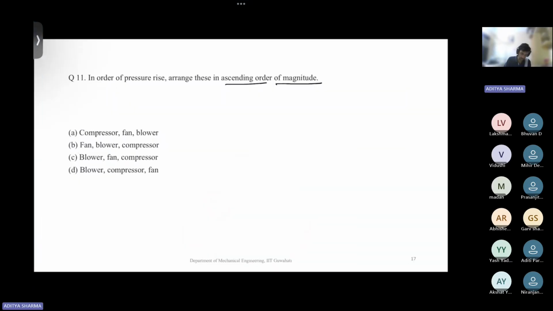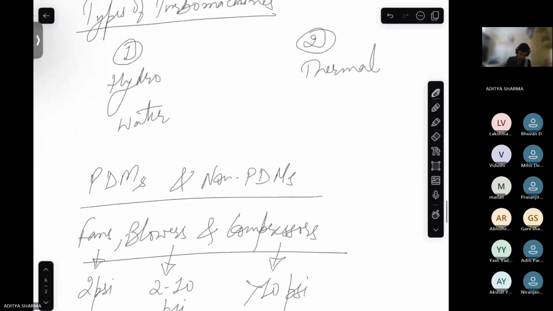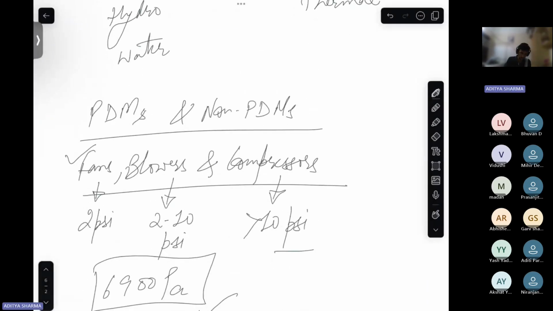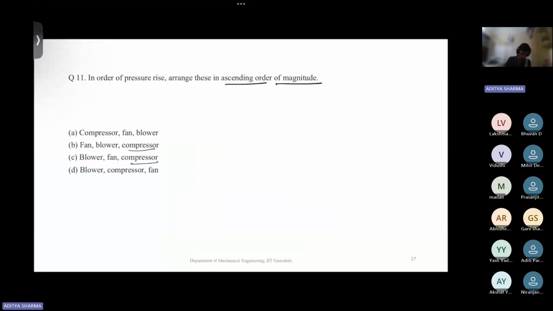So the compressor is the higher one, that we for sure know. Then between fan and blower, let's see. So fan is lower than blower in terms of pressure rise. So fan, blower, and then compressor. I believe B is the correct option. Yes, so B is the correct option.